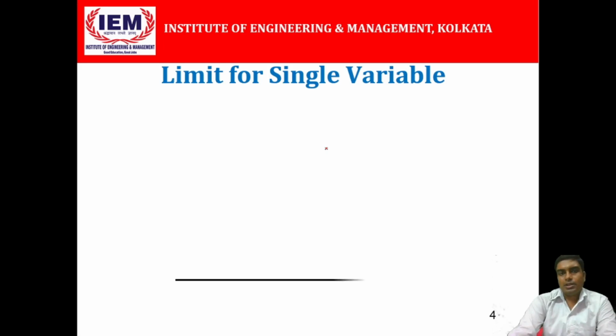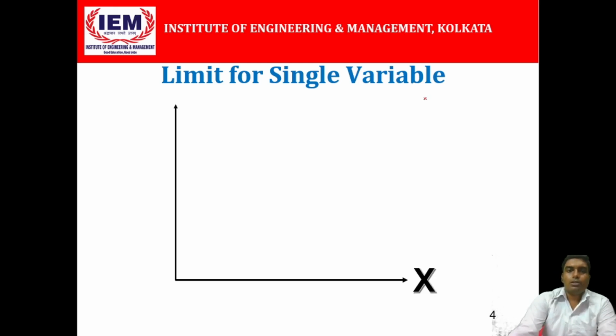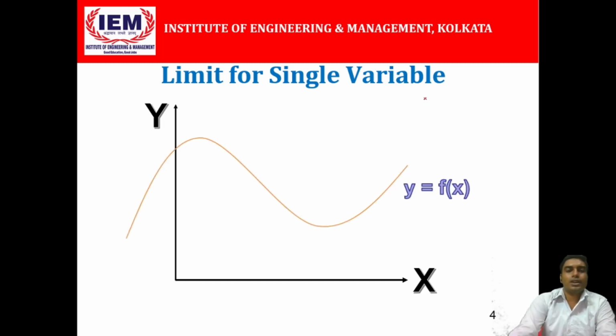Let me recap what the limit of a single variable is. We have the x and y axes, right? And if you have one function, let's say y equal to f(x). Now, if I want to find the limit at some point, let's say a, I have to see whether the limit exists at this point.